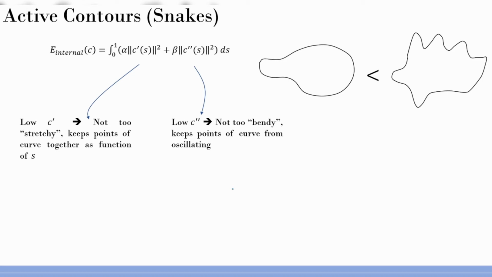That is the internal energy, and you want to minimize it as much as possible. By ensuring that, we get a smoother, less oscillating curve. That's the objective.